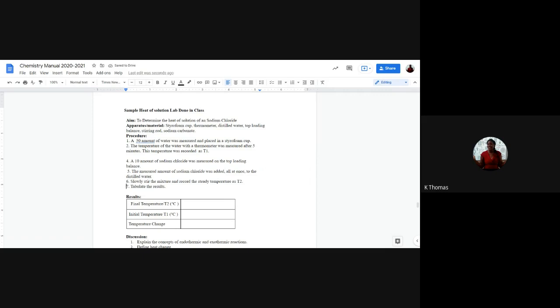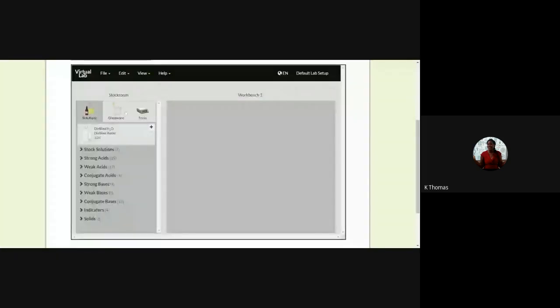This is one of the things that you should do: double check all the apparatus that you're using. Of course, I'll be marking for that. The apparatus that I'm going to be using for this lab is some glassware.